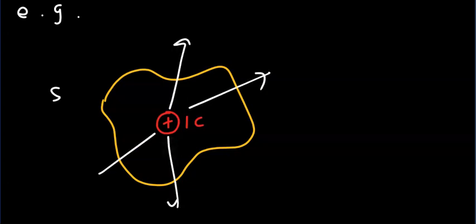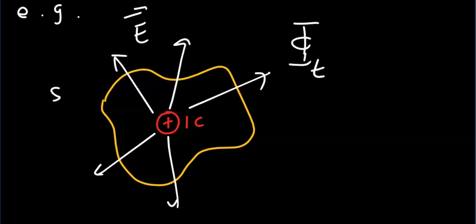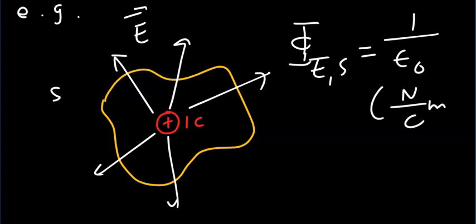And if you ask what is the electric flux through this surface S due to that electric field E, the computation is simple. The electric flux through that closed surface is quite simply the net charge, which is only 1 coulomb, over epsilon naught, in units of newton per coulomb meter squared.